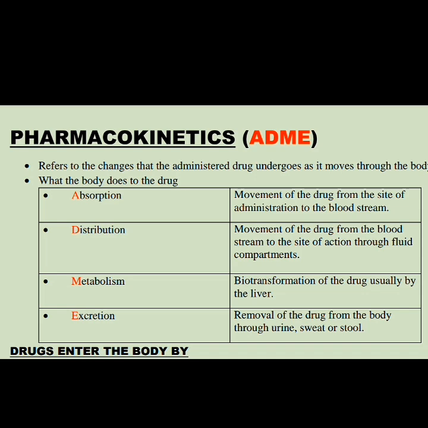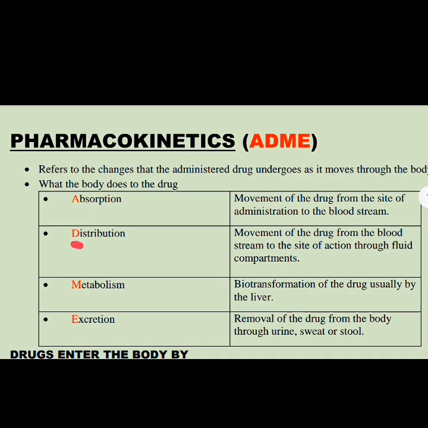Then what do we mean when we say distribution? When we say distribution, we're saying the movement of that drug from the bloodstream now all the way to where? To the site of action. That's a very important one. So absorption, we're moving from the site of administration into systemic circulation, the bloodstream. Distribution, we're moving from the bloodstream now to the site of action.